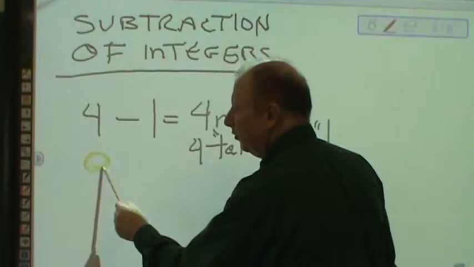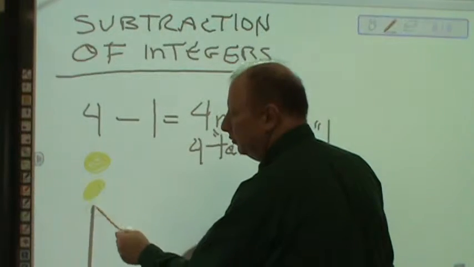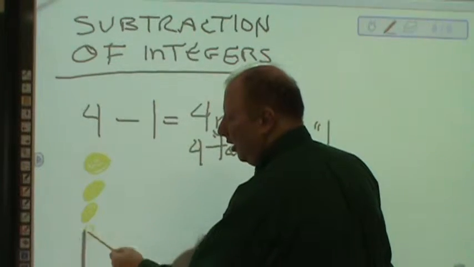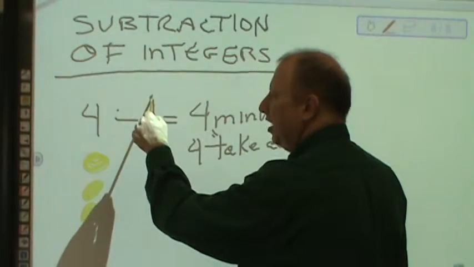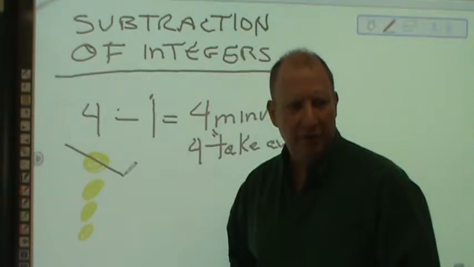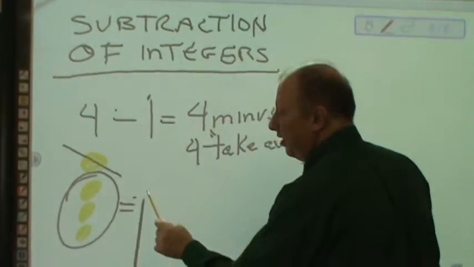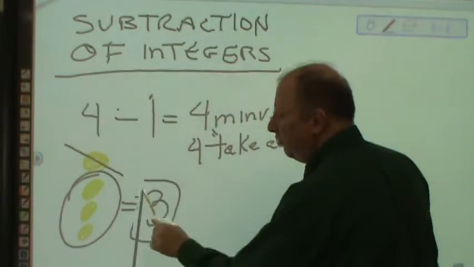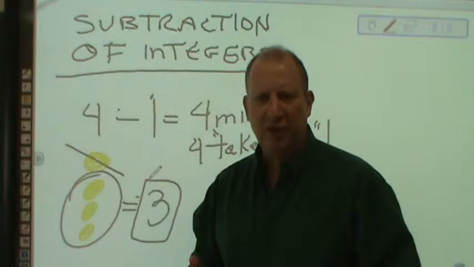So now I have 4. And now look what it's telling me to do. Take away 1 yellow. If I take away 1 yellow, what am I left with? I'm left with 3 yellow. And I know you learned this at a very young age. 4 take away 1 equals 3.